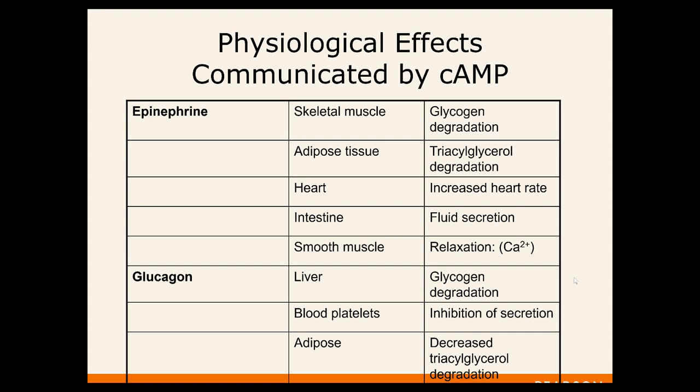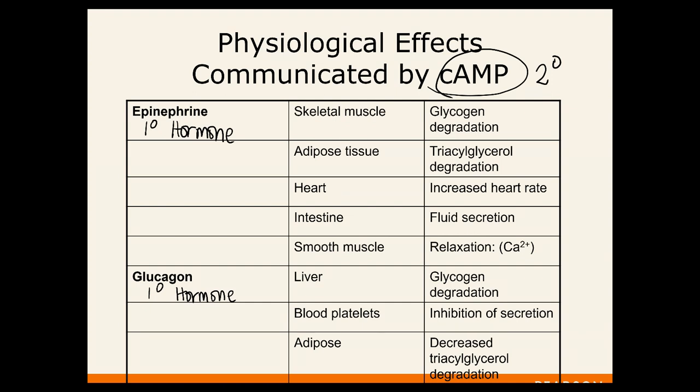Okay, so epinephrine and glucagon, these are the physiological effects communicated by these primary messengers. So these are the primary, right? They're the hormone. But they both trigger that G protein event that creates the secondary messenger.